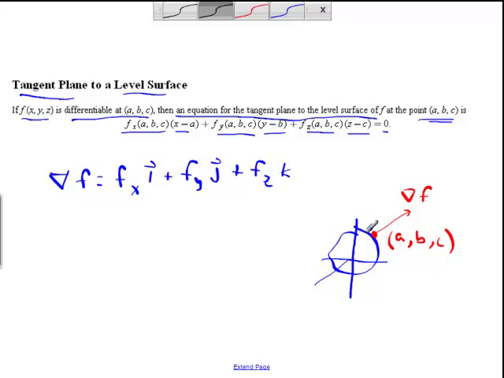and then there's a point infinitely close to it. Let's call that x, y, z. It's a little messy.